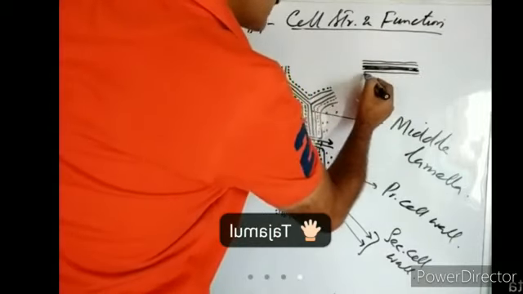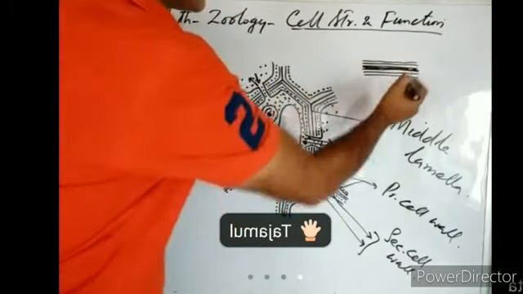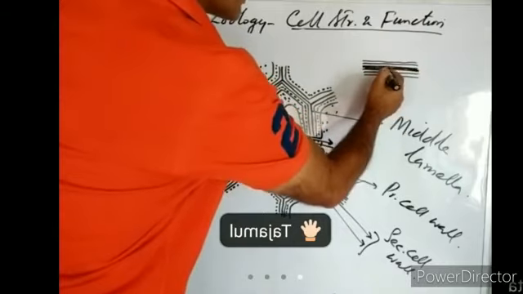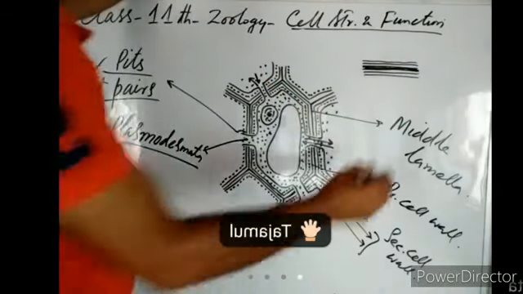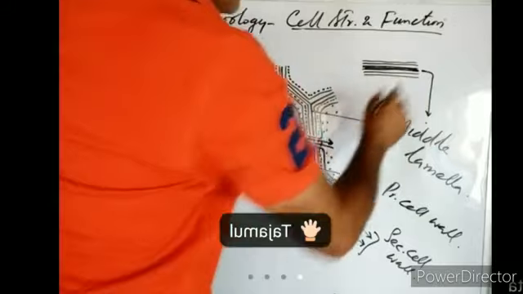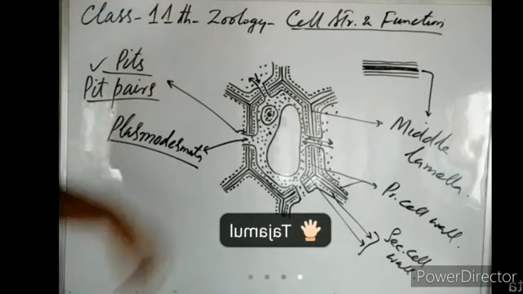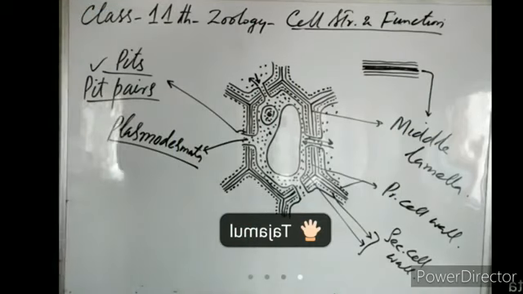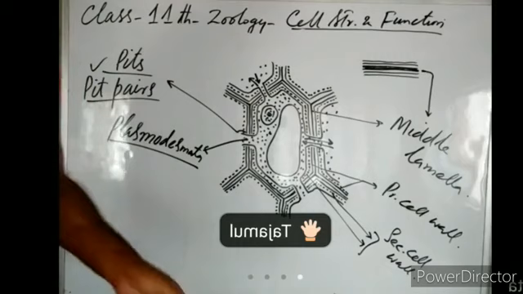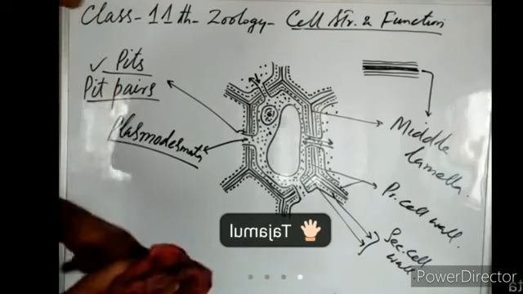So in between two adjacent plant cells, there is always a middle lamella, and on its two surfaces, there is primary cell wall and secondary cell wall. So that is all about the composition of cell wall in plant cells, right? I hope you understood it.